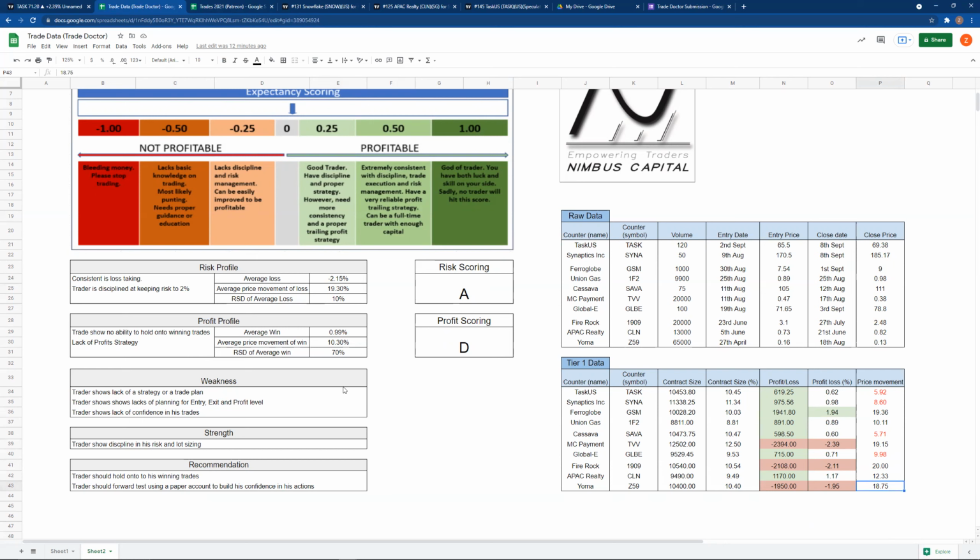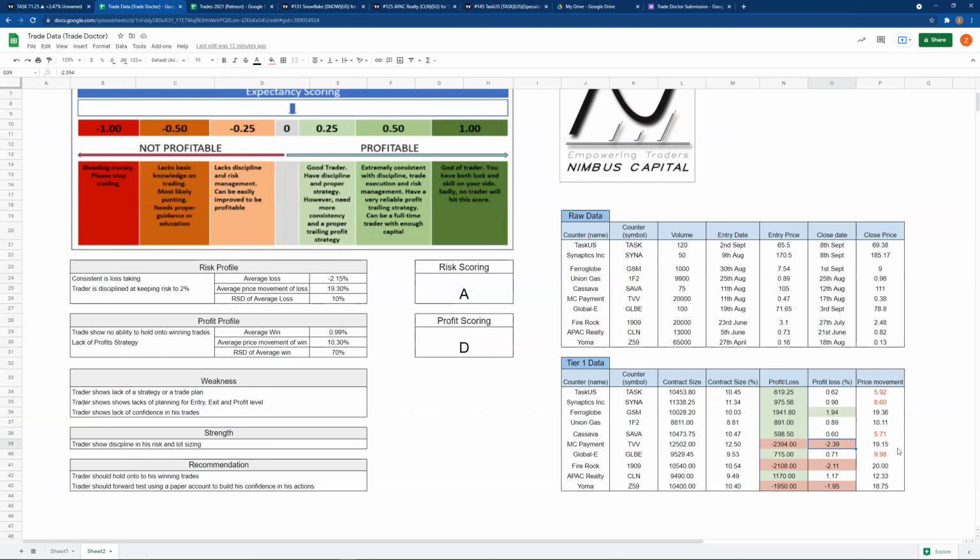It's extremely consistent. And if you look at the RSD of the average loss, RSD stands for relative standard deviation, meaning it shows how much these numbers differ from one another. You can think of it as a standard deviation in percentage format. So 10% means these 3 numbers are about 10% away from each other.